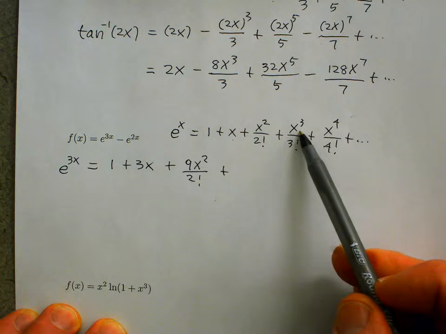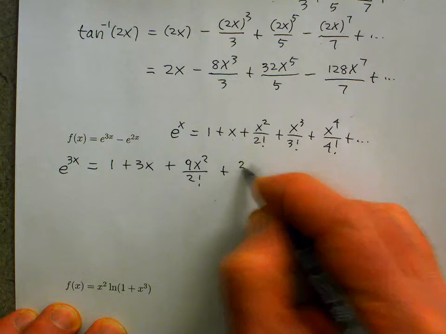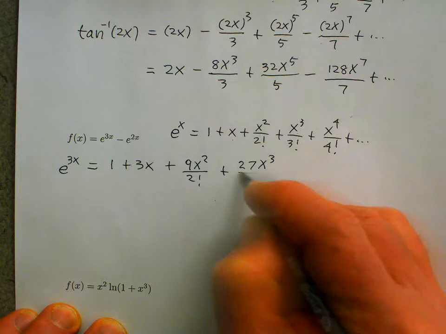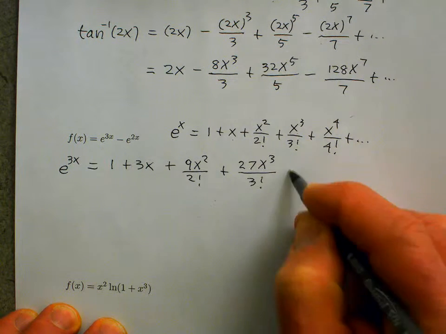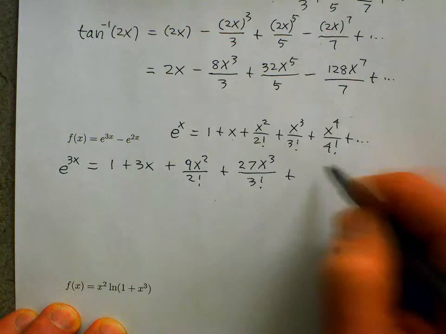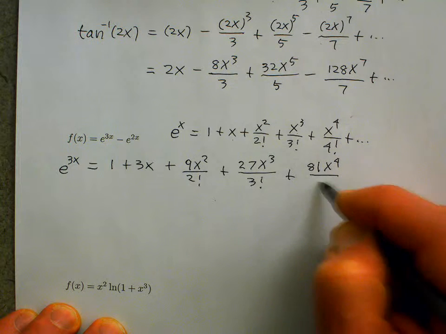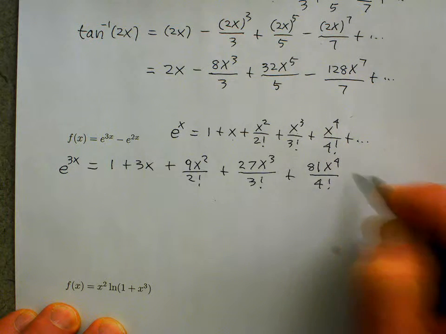And then 3x to the third is 27x to the third over 3 factorial. The term 3x to the fourth is 81x to the fourth over 4 factorial and so on.